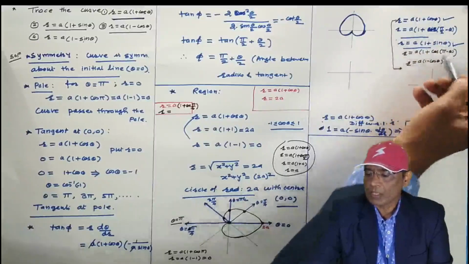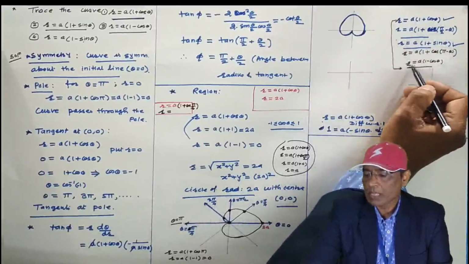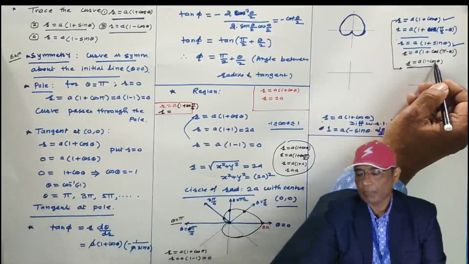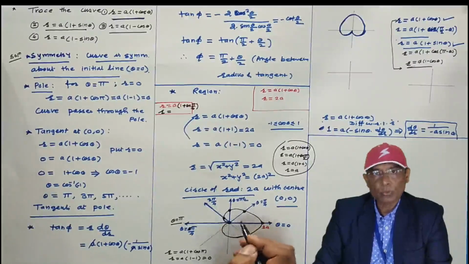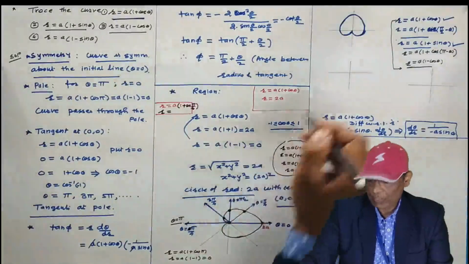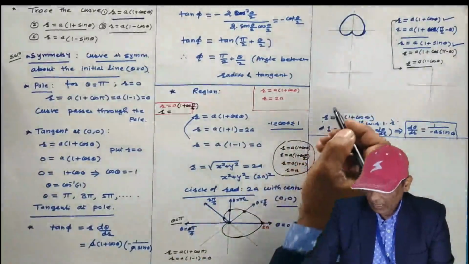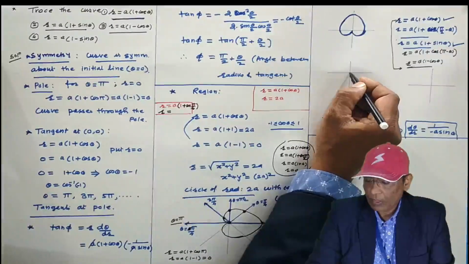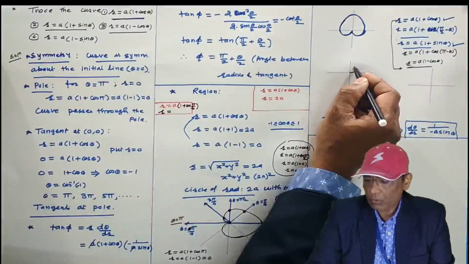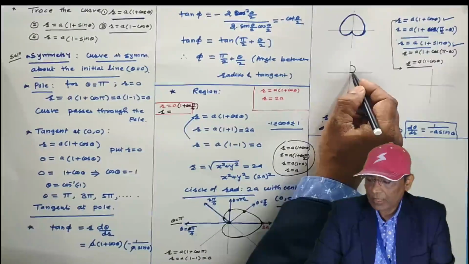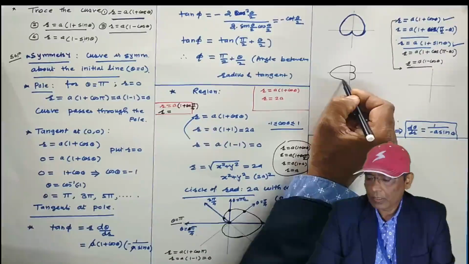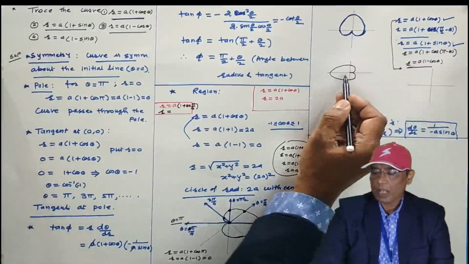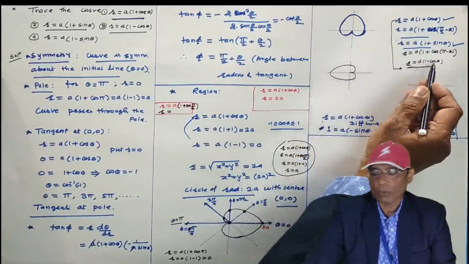So r is equal to a(1 minus cos theta) can be obtained from this curve by rotating through angle pi, or through 180 degree in anti-clockwise direction. If you rotate this in anti-clockwise direction through 180 degree, this curve will come in this way. So this is r is equal to a(1 minus cos theta).